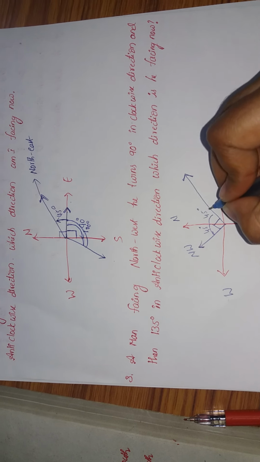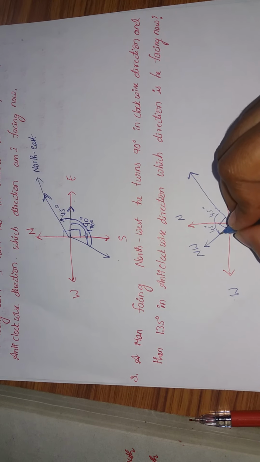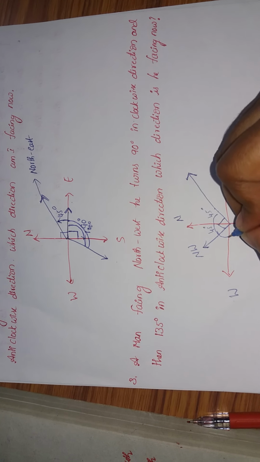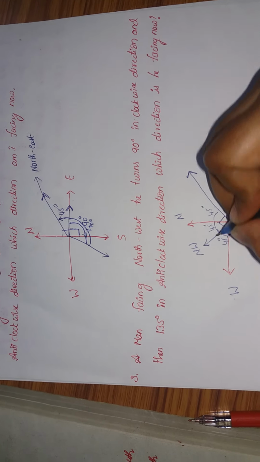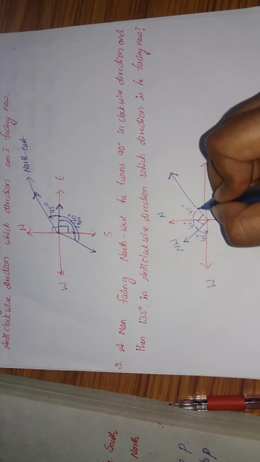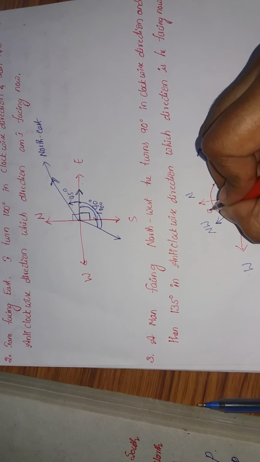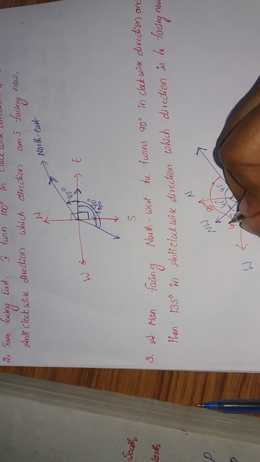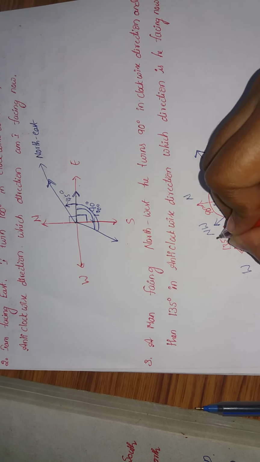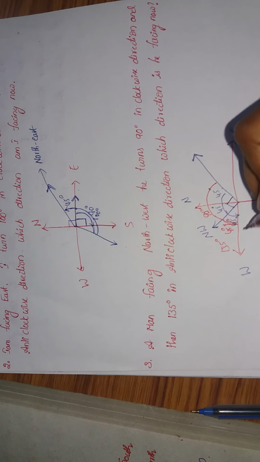From here 135, it is 90 and here 45. 90 plus 45 gives a result of 135 in an anti-clockwise direction.